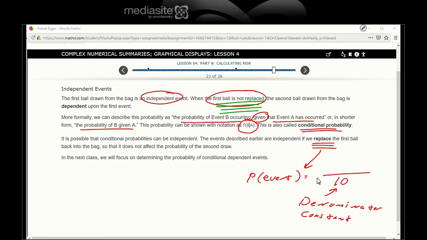So the probability is always being done with the denominator being the same. It makes every single probability an independent event. So keep that in mind. If you're doing probability with replacement, it makes each event independent.